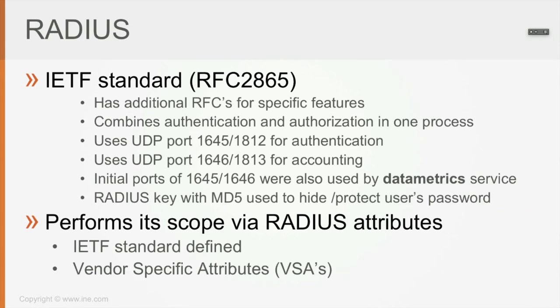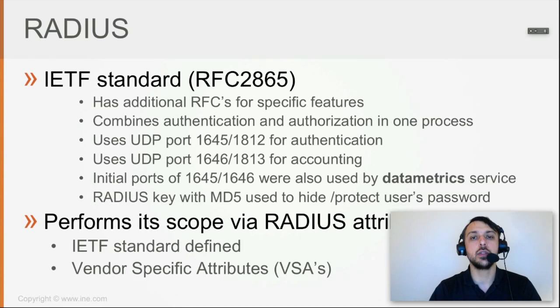And those attributes are of two types. They are either IETF standard defined, which means any implementation of the RADIUS service should support those attributes, or they can be vendor specific attributes, VSAs, which means that each vendor, including Cisco, has chosen to develop new attributes for various scopes.